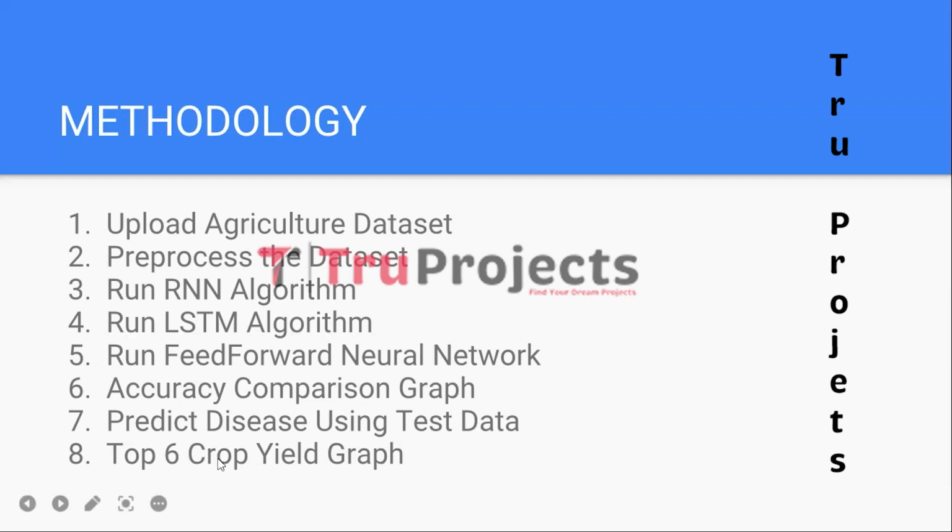And the last module is top 6 crop yield graph. In this module, we extract the crop yield data from the dataset and determine the top 6 crop yields based on the extracted data and plot it in the form of a graph.